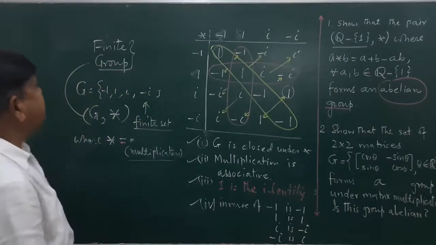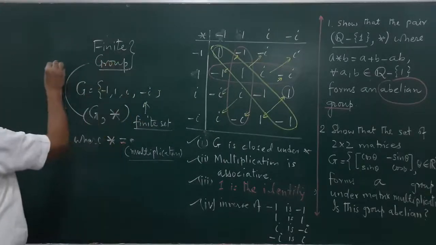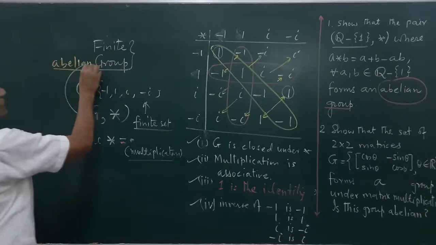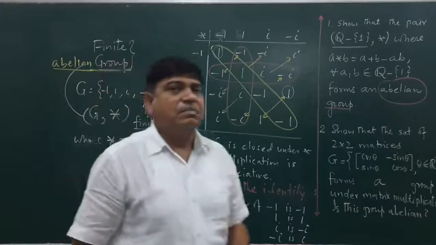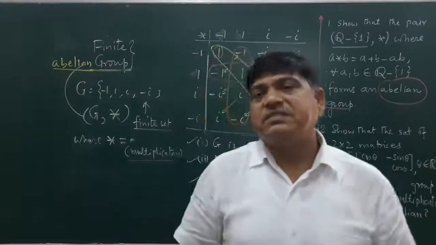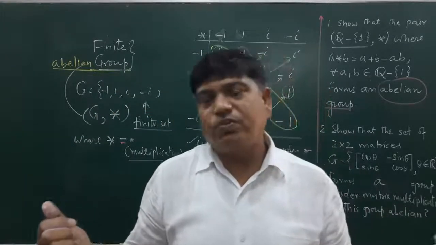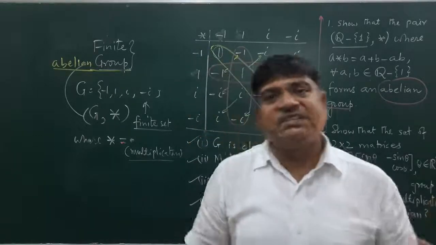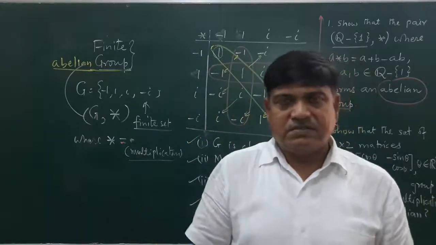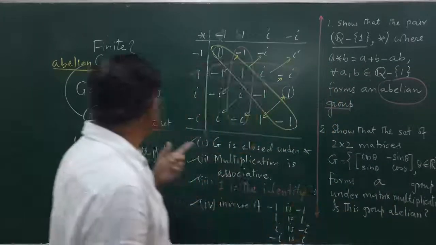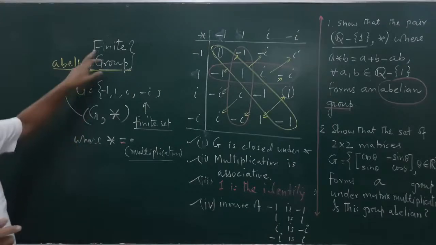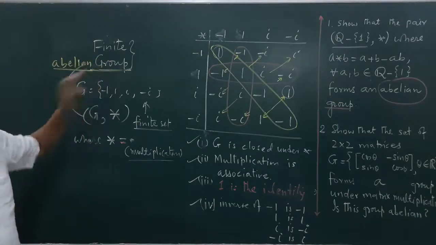Commutative. So this is a finite abelian group. Multiplication of numbers is always commutative. 2 into 3, 3 into 2. Iota into -iota is -iota into iota. So this is a very important example. This is a finite abelian group.